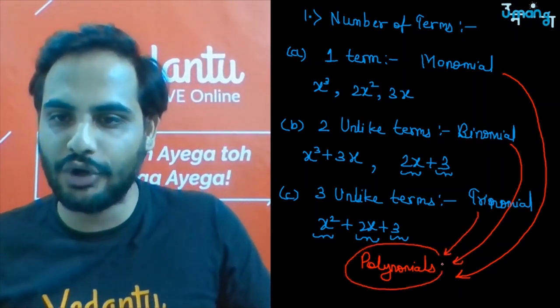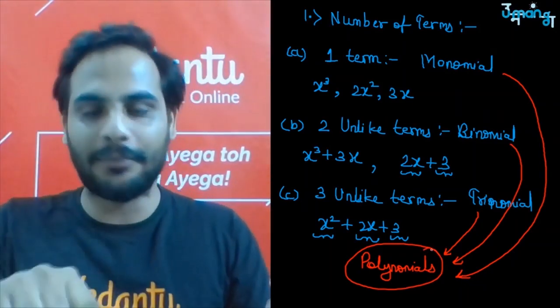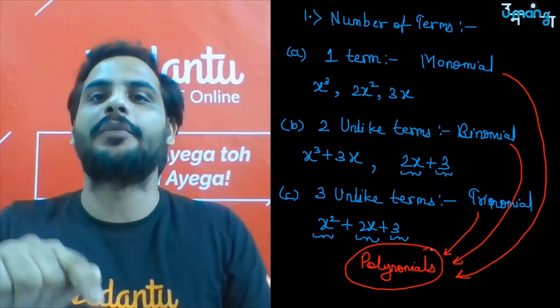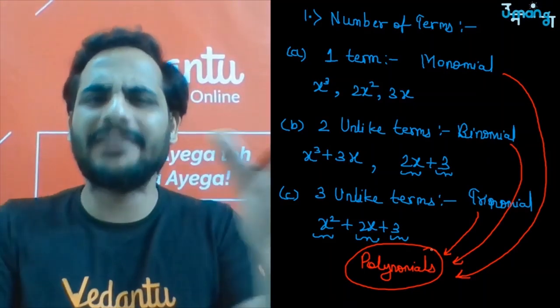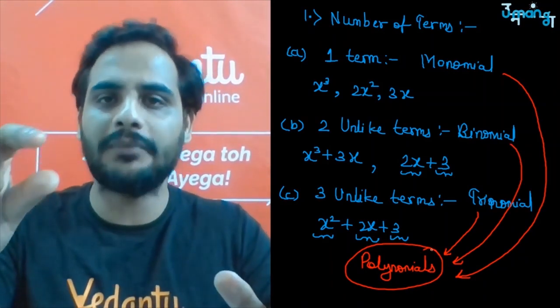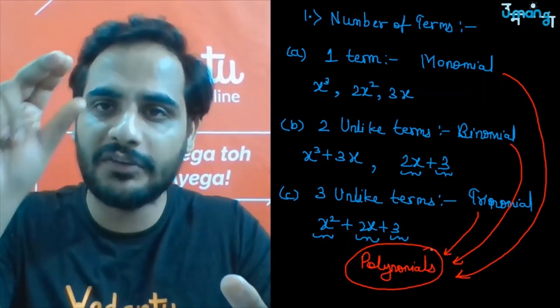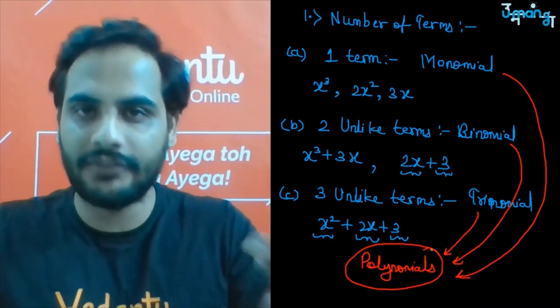It is not like monomial and binomial are not polynomials. Monomial is also a polynomial, binomial is also a polynomial, trinomial is also a polynomial, but after three terms, we have not given a separate name for it. Got it? But if one term is there or two terms or three terms, we have given them a special name. So that is the classification on the basis of number of terms.